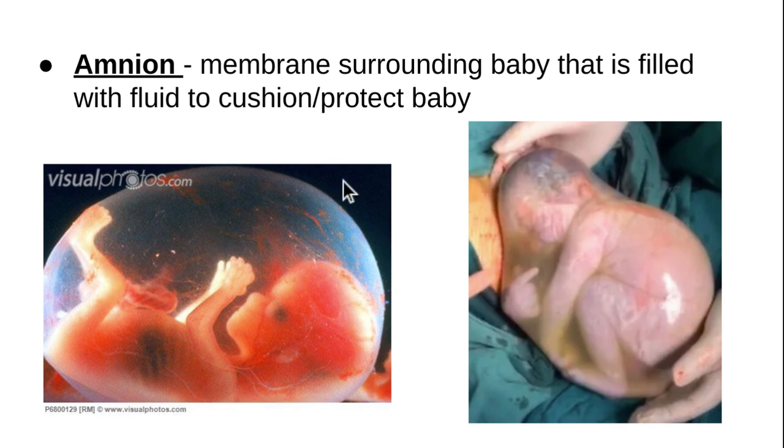Normally the sac breaks. Maybe you've heard people say their water breaks. So normally that sac breaks, but on occasion, it doesn't. And the baby is born fully enclosed, and so we can actually see it in there. And this is all filled with fluid to protect the baby.